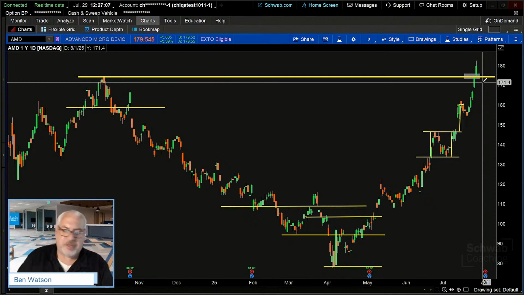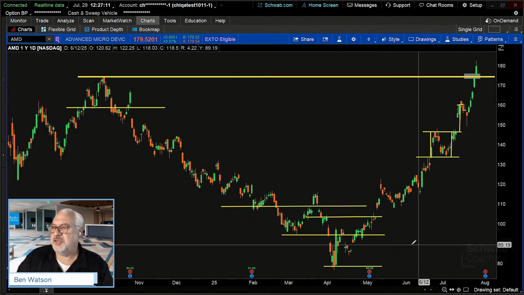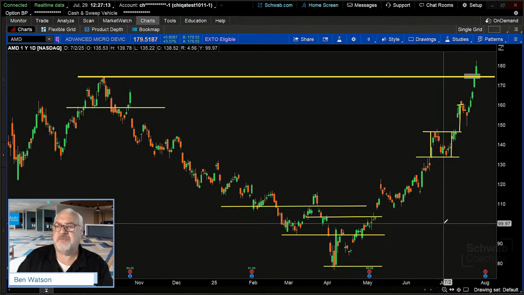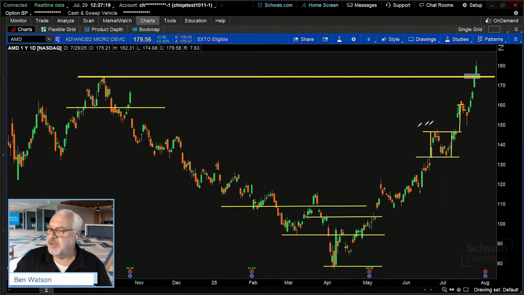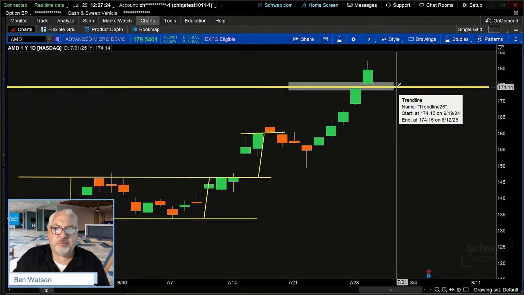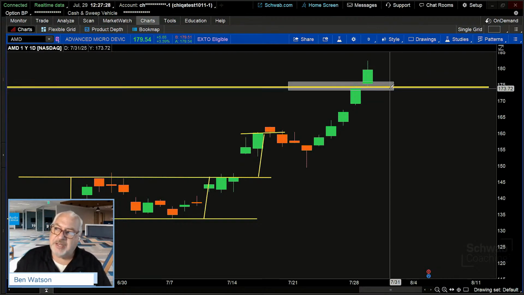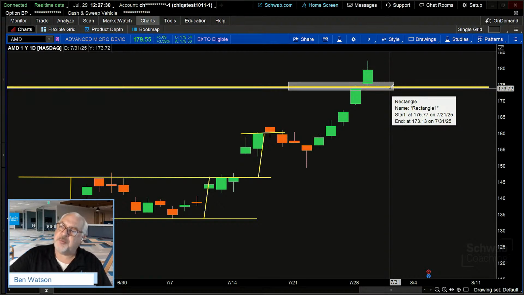But what that also suggests, and you can see the nature of that occurring, is that old resistance becomes new support. So if this was in fact a resistance breakout, then it's very likely that there are buyers waiting to step back in when the price gets back down.